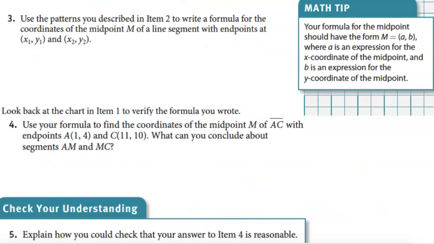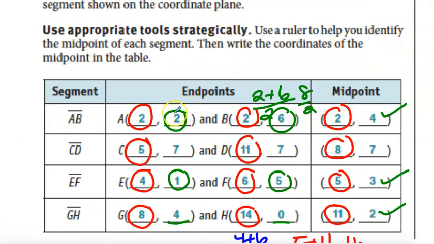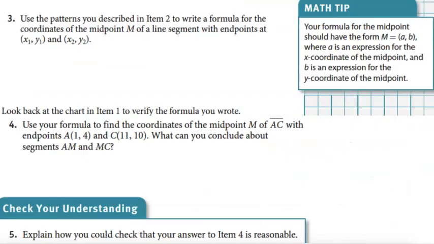All right, so use the patterns described in item 2 to write a formula for the coordinates of a midpoint M of a line segment with the endpoints x1, y1 and x2, y2. So again, over here we said we averaged our two numbers together, so I added my x coordinates and then I always divided them by 2 because I was dealing with two endpoints.